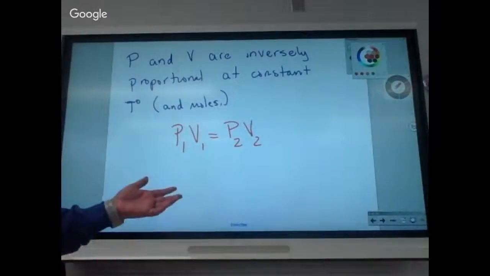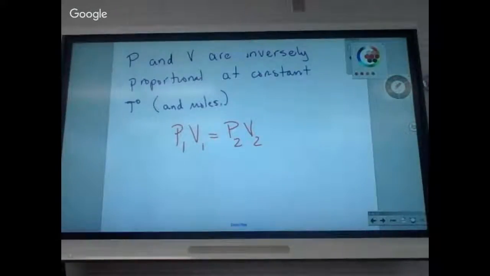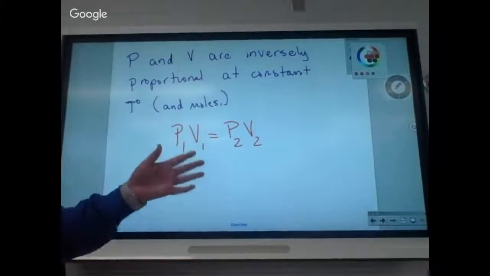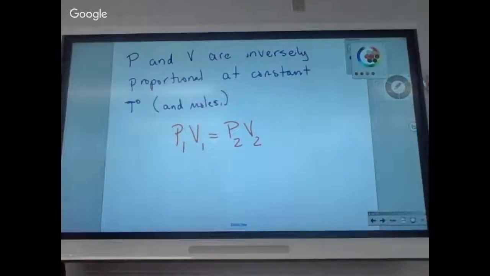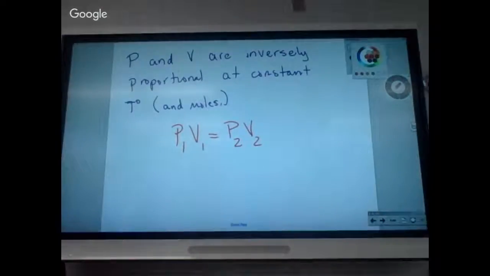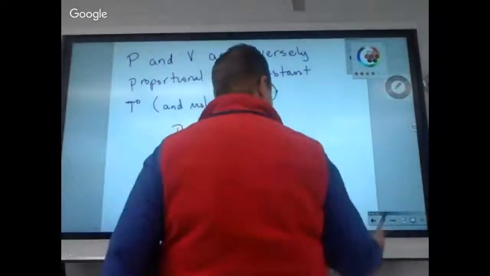It remains constant, so it's not in the gas law. Okay? You with me on that? So if the question says temperature is constant, or if it doesn't mention temperature at all, you're going to pick this formula. Are you with me on that? Okay. Here's a sample.